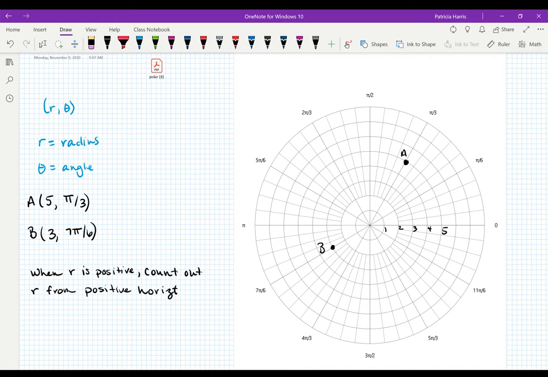Let's count how many times I misspelled the word horizontal. When theta is positive, we go counterclockwise.